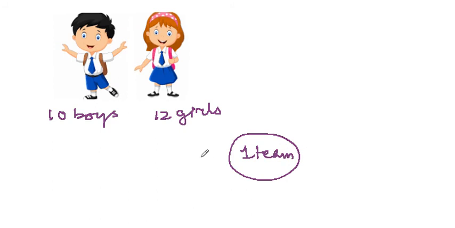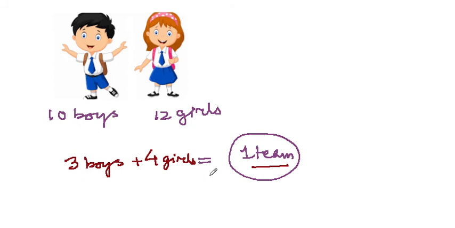Okay, in one particular team, let's say the condition of the problem is there will be 3 boys and 4 girls in each team. Okay, so if we look into this one particular team that would have 3 boys and 4 girls, one thing is certain, that some of the students would be left out.